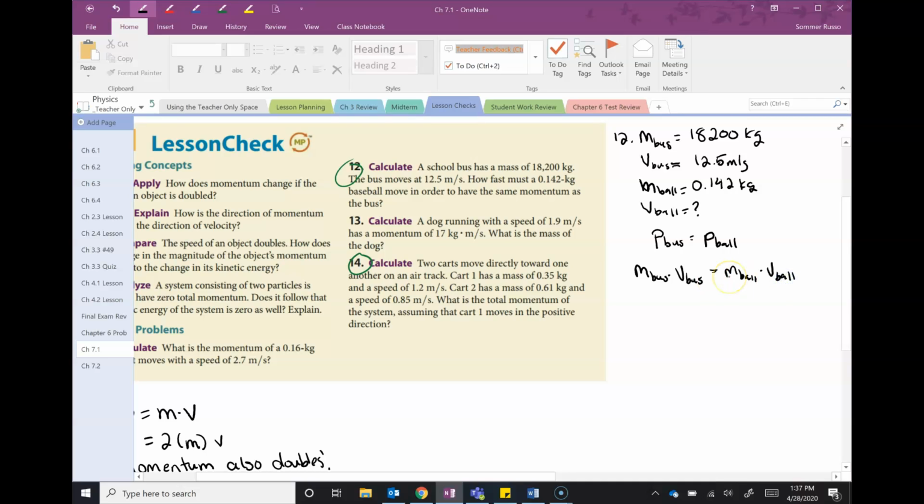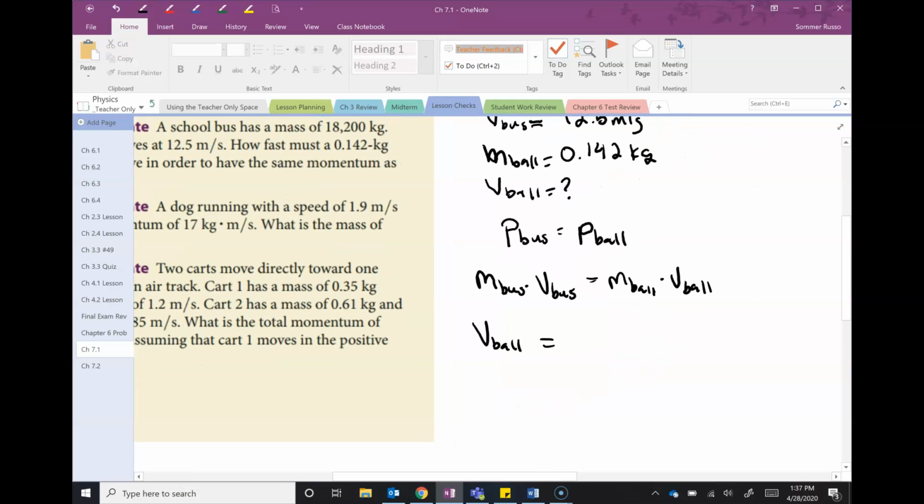We have almost all of these terms. We have the mass of the bus, velocity of the bus, the mass of the ball. We don't have the velocity of the ball, but that's what we're looking for. So when we rearrange this equation for that variable, we get this. Now it's arranged for the variable that we want. Everything's in base units.